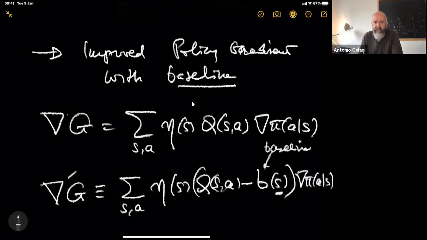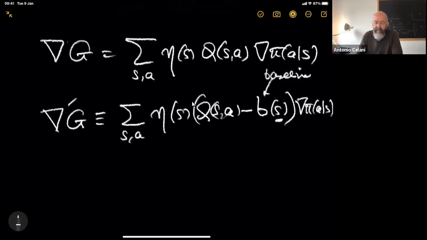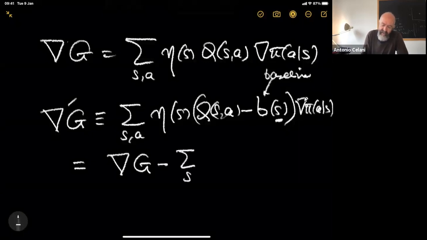It does not depend on actions. So let's see what happens to this other definition of the gradient. If I split this into two terms, I have the first part, which comes from distributing this difference over the gradient. So the first part is the pure grad G. And then I have minus the sum over states of eta of S, B of S, and then the sum over actions of the gradient of the policy.